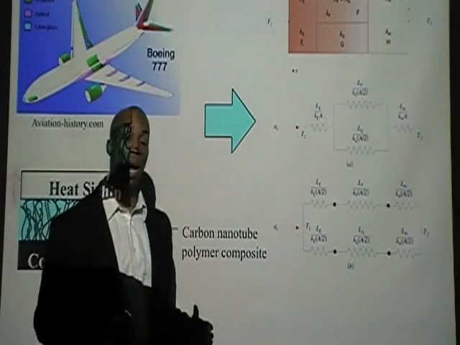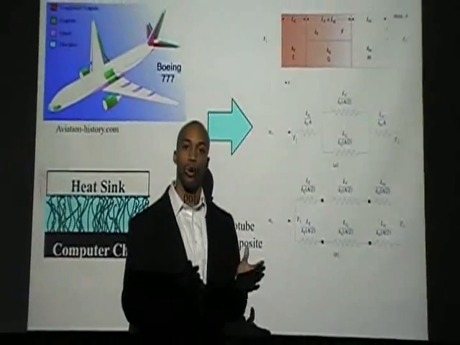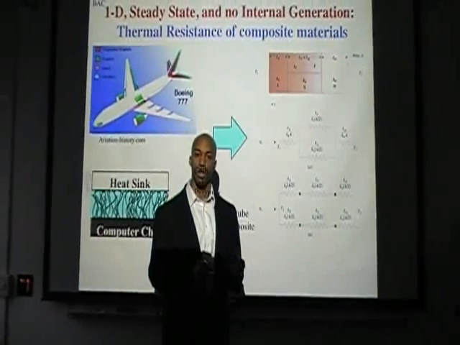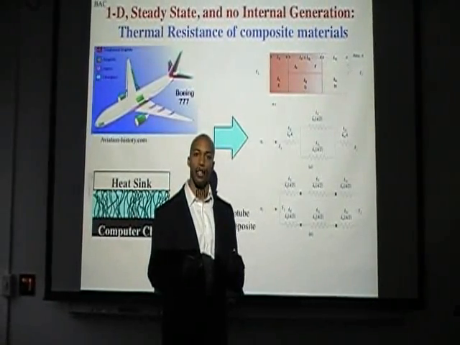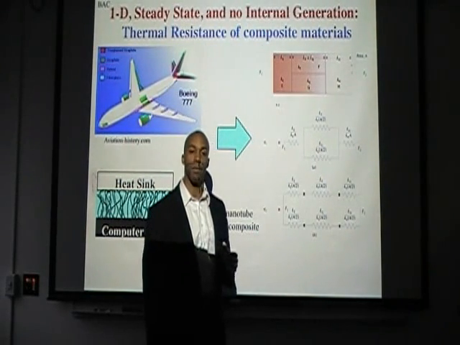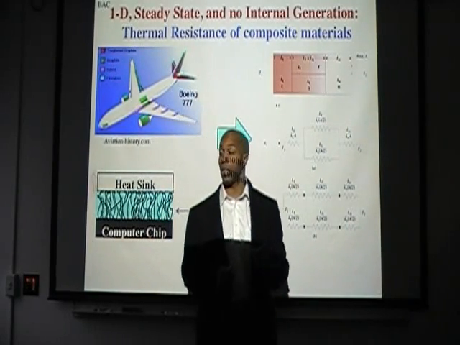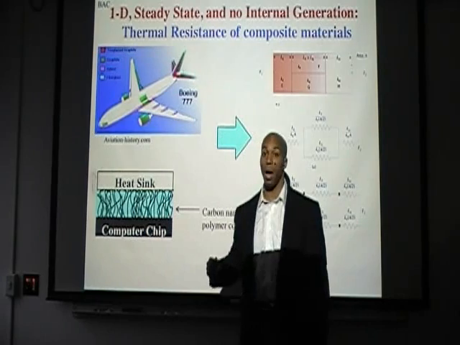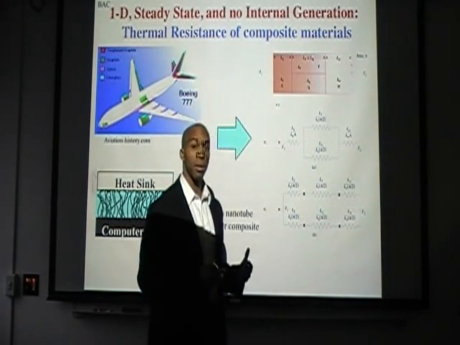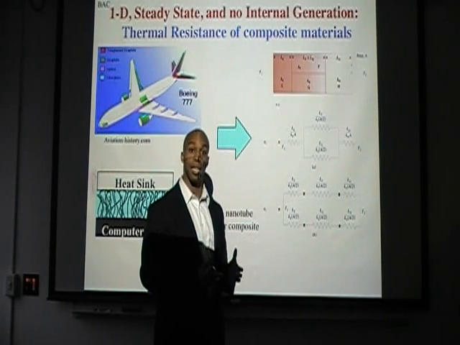So that's how you would approach a composite material problem. You'd identify the problem and look at the paths that heat could flow within the composite. Usually if it's composite, it has 2 distinct material structures that have distinct properties, so they would make up their own separate resistive components. But ultimately what you're looking for is an equivalent resistance. And like I said with the example of the carbon nanotube polymer mix, sometimes the problem will be trying to find out what an effective thermal conductivity is.